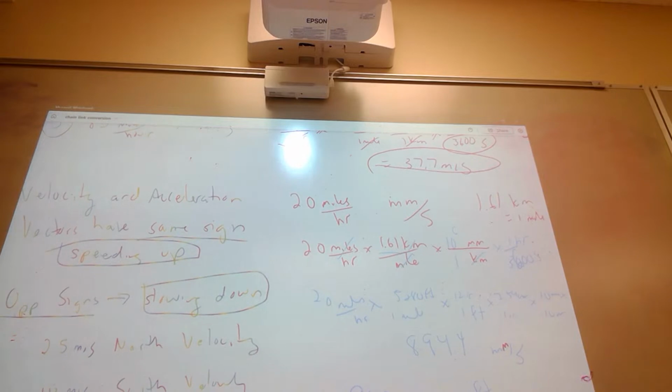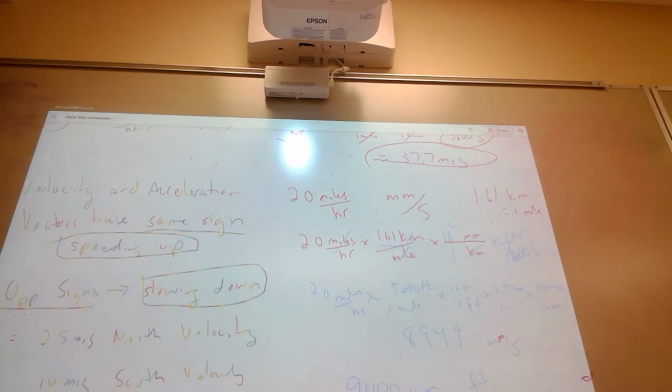Let's put 9,000 micrometers per minute into feet per second. Okay, so you know how to put minutes into seconds. You also want to put micrometers into feet.